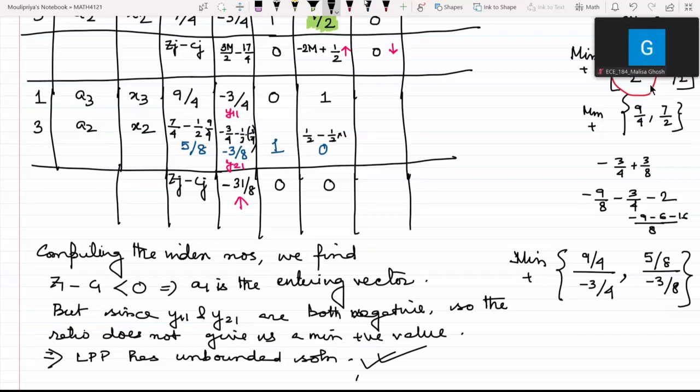So let me tell you once again, the syllabus for the first internal is till next week's lecture. Any problem, any doubt? So what does your syllabus include? Your syllabus includes graphical method of LPP.